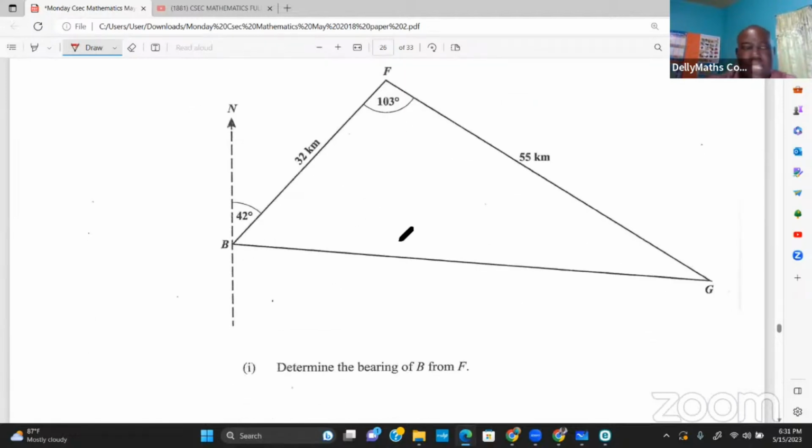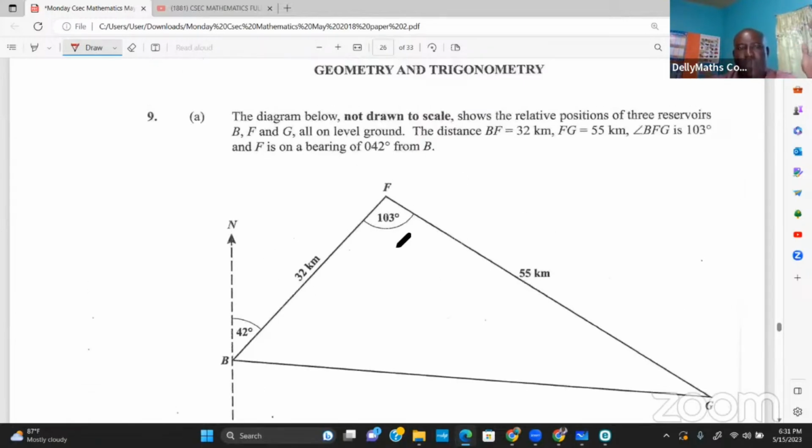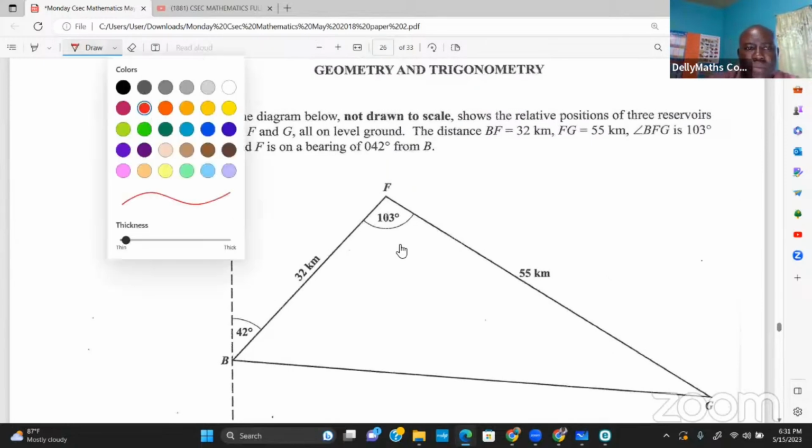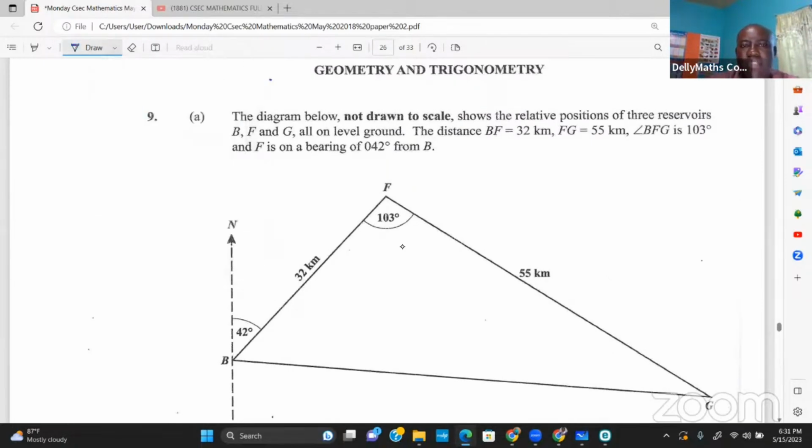Let's see the first question. The first question says here, determine the bearing of B from F. Determine the bearing of B, but from F. Normally, when we get these questions, what I want us to do is go at F. So it's from F. You could go at F and you want to drop your north line here.